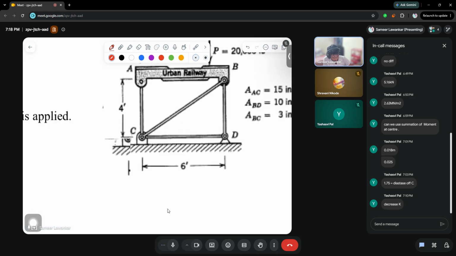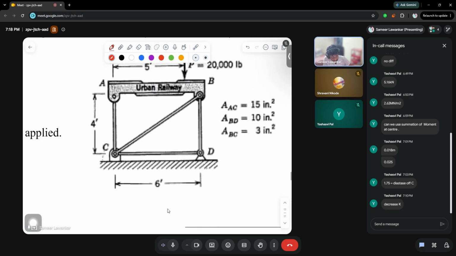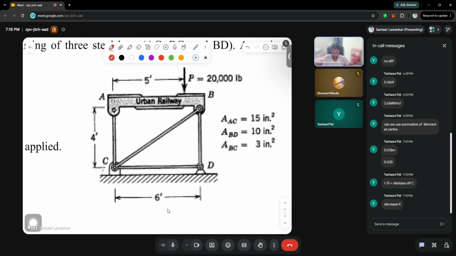Okay, so if you look at the diagram carefully, there is no external horizontal force acting up here. If there is no external force acting in the horizontal direction, let's say if we calculate the summation of forces at this point, there will be some force in this direction.